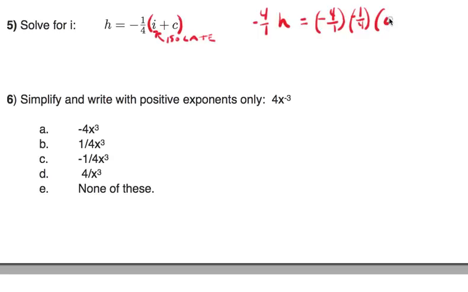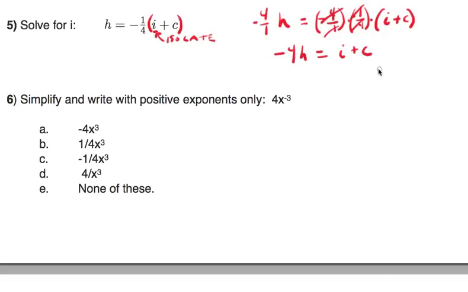I'm going to make three terms, so you can really see that on the right hand side I've got three numbers being multiplied together. You can do multiplication in any order you want. When I do this multiplication here, all of this cancels, and all I'm left with is 1. Over here I have negative 4h, and over here I've got I plus c.